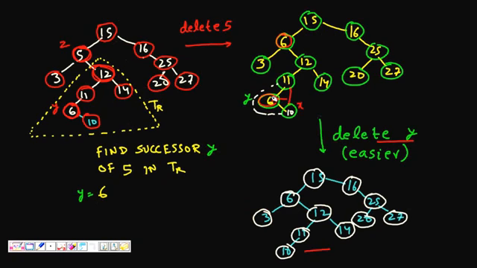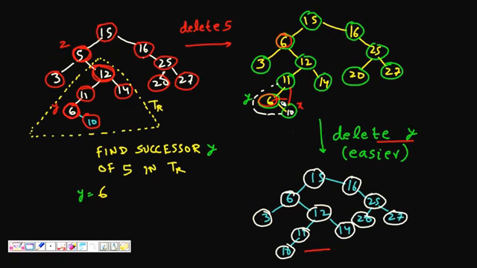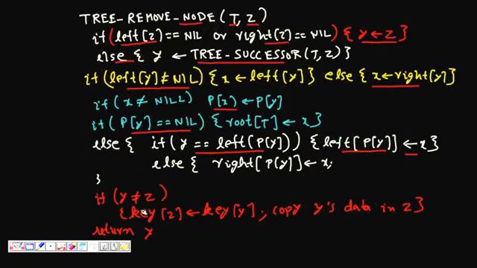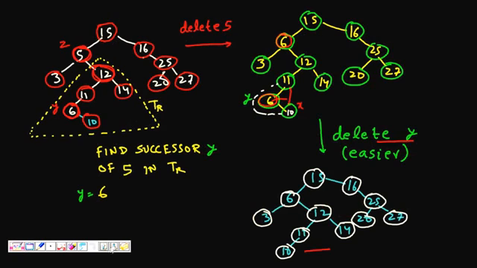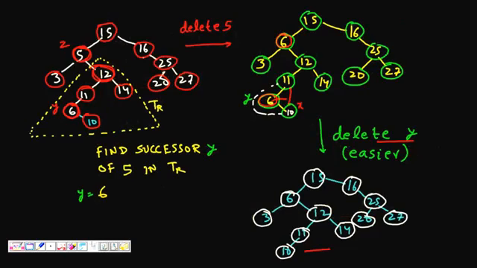So 11's left child is now 10. And now y is a node that is a duplicate. Here there is a 6, and here also there is a 6. So this data is copied here. If y is not z, then key of z is key of y. We copy it and copy the satellite data also. So this works for this code. Similarly, this will work for all other cases also.